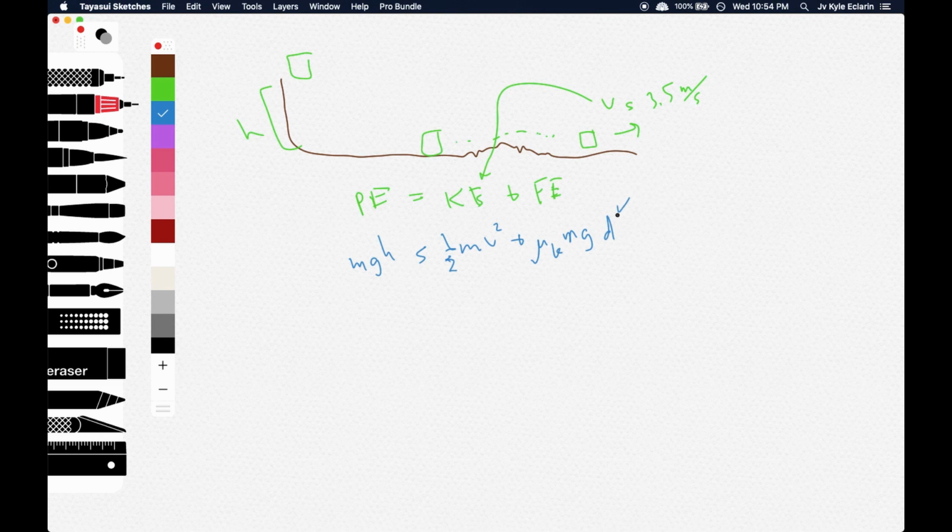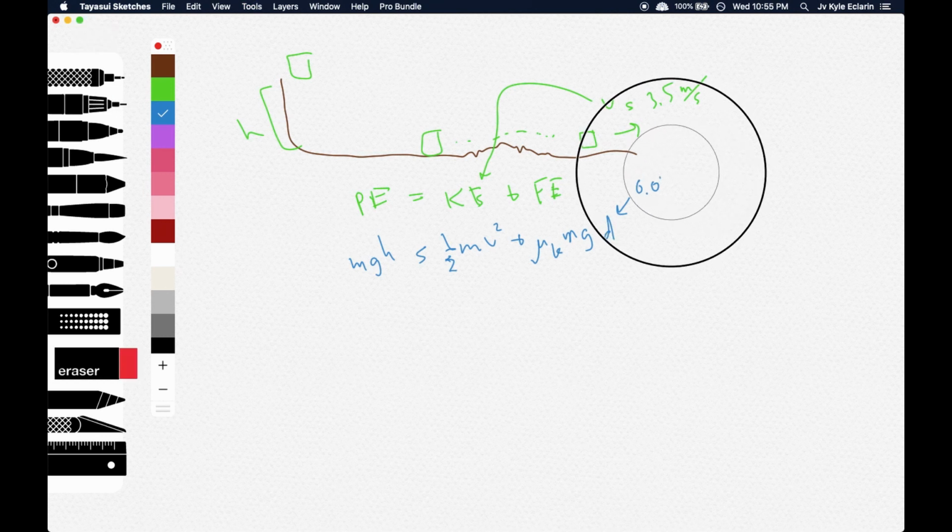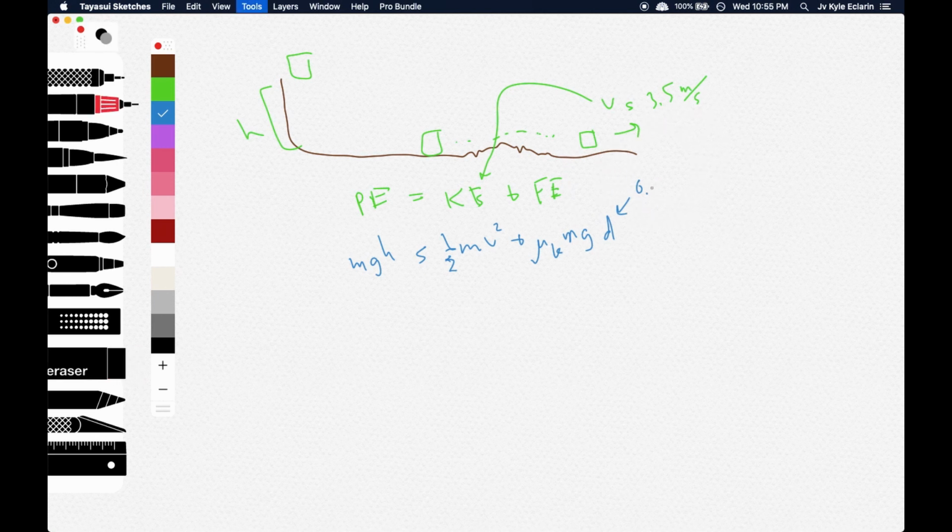So are we given distance? Yes. Distance here is 10 centimeters. We have to convert it into meters, so that becomes 0.1, sorry. I was thinking about it, and I was like, nah, that doesn't sound right. Yeah, 0.1 meters, right? Gravity, we always know. The masses cancel out.